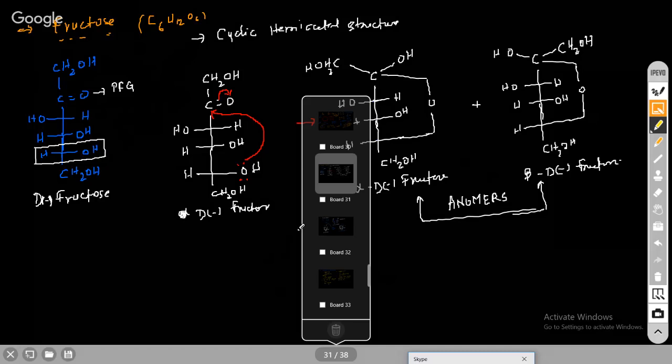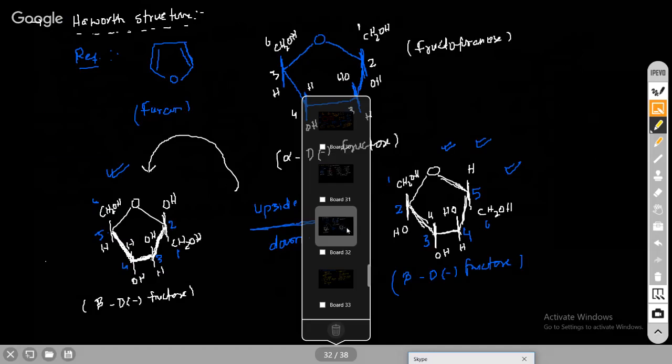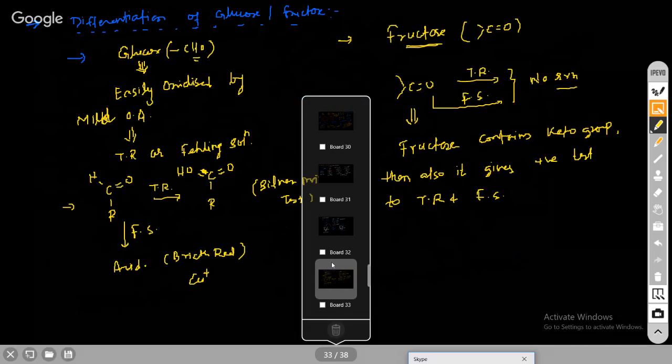Last class you check what is the relation of glucose and galactose. You tell me that. C4. That's what I am saying. And glucose and mannose are C2 epimers. So what I have given you today, you just check once. By mistake I have given you that. So glucose and mannose are C2 epimers, right? So just make correction over there.